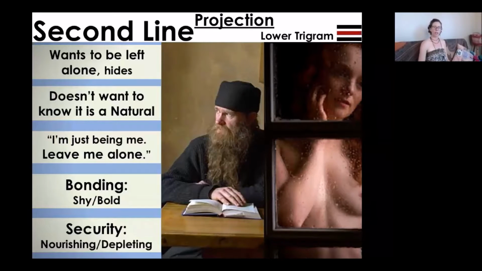So in some ways it's a little like a projector, where they're just putting out a vibe and then other people are recognizing them for it. Here's an example of that. This would be the man who's at home doing his thing. He loves gardening. He's got a green thumb, and he creates a beautiful garden in his backyard.